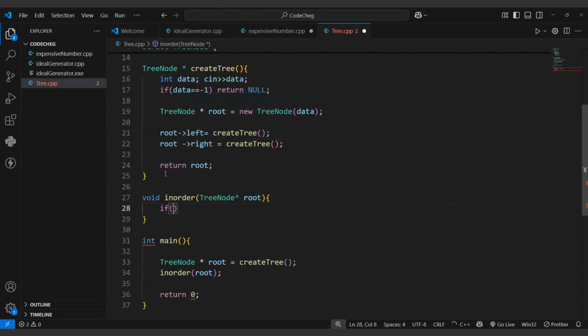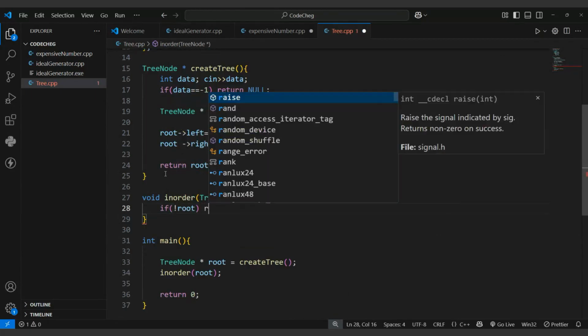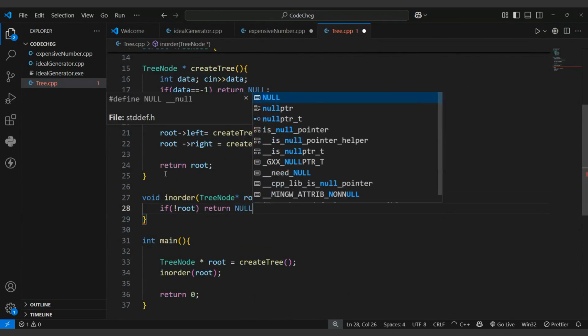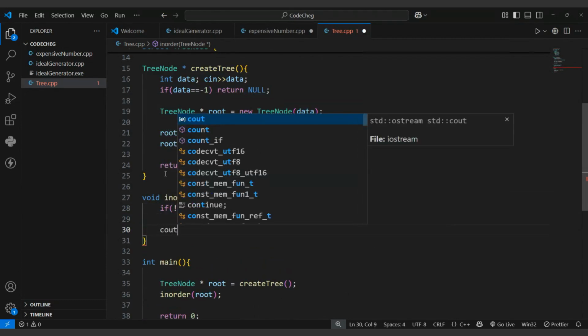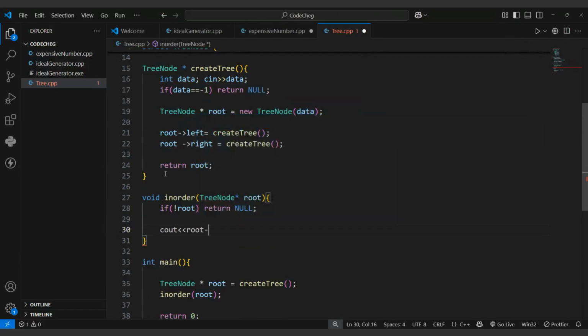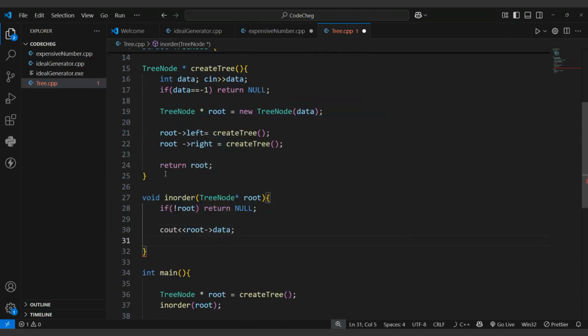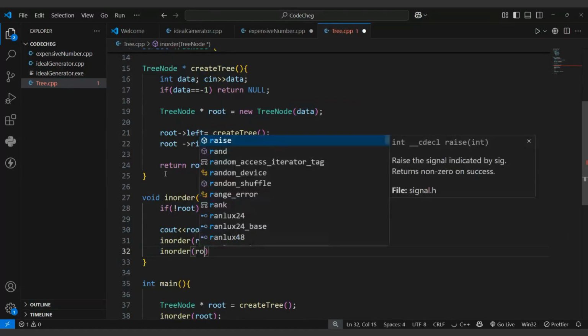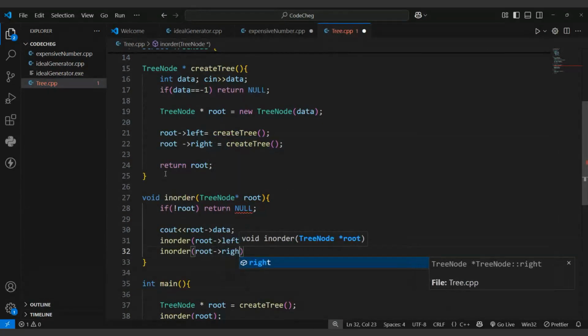What is the first step? We check whether root is null; if root is null, then return. Otherwise print the root's data, go to the left of it, and go to the right of it. This is basically pre-order, not in-order.